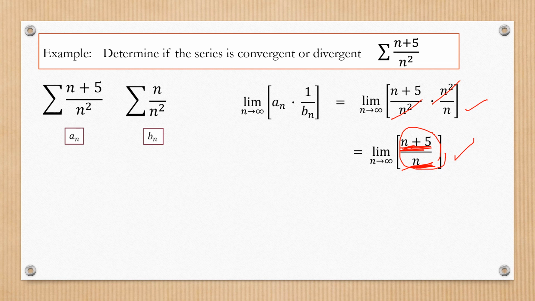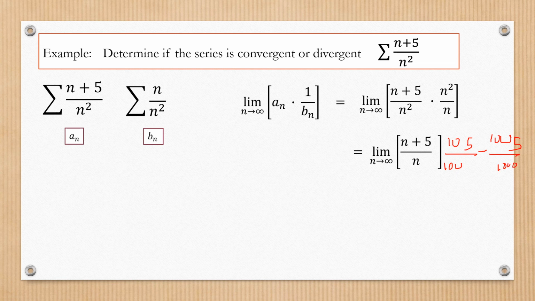It just continues. Let's say, when n is 100, that's 105 over 100. And if n is 1,000, this is 1,005 over 1,000.